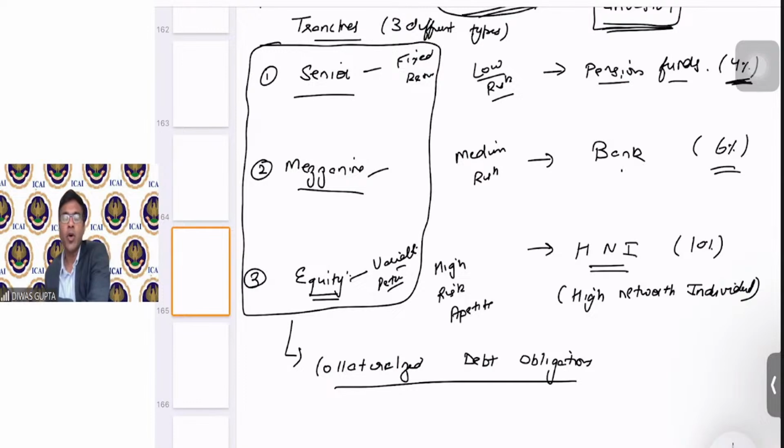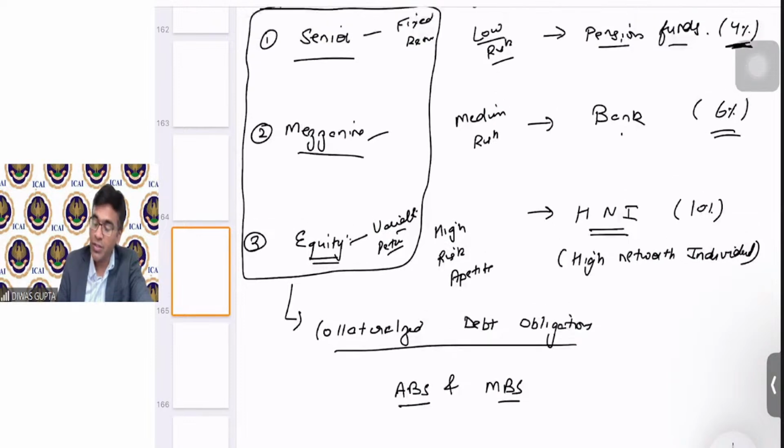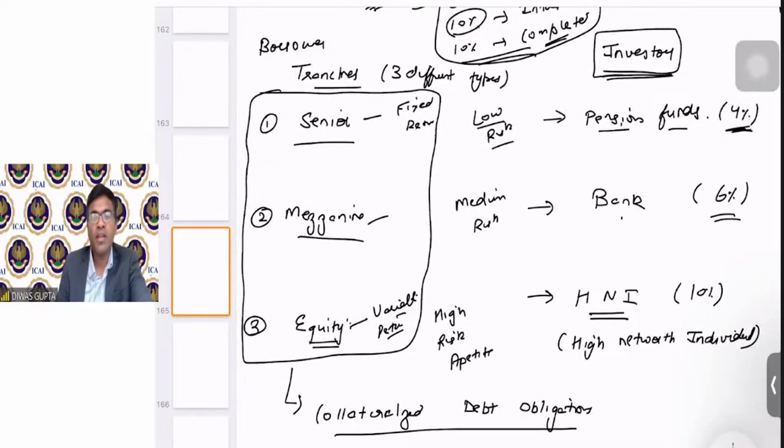So collateralized debt obligations is simply converting the ABS and MBS, asset backed securities and mortgage backed securities, into different tranches, right?